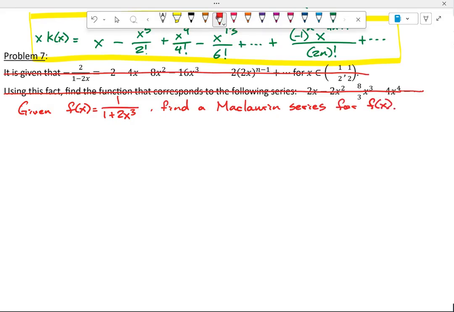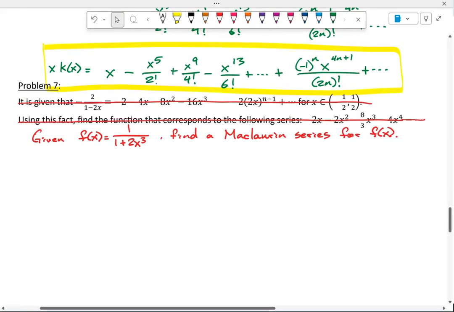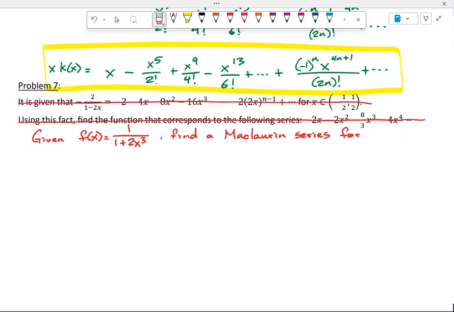So that's going to be our new problem. Oh, not just f of x, sorry. f prime of x. We want the derivative.